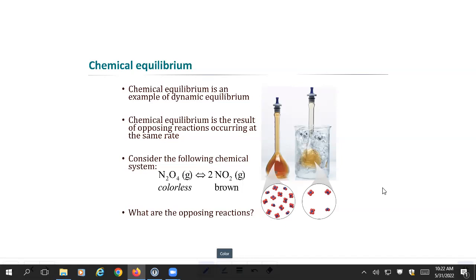For example, I've got this reaction between dinitrogen tetroxide, which is a colorless gas, and nitrogen dioxide, which is a brown gas. There are two reactions happening at the same time. One of these is what we would have called the chemical reaction up until about 5 minutes ago: the dinitrogen tetroxide decomposing into nitrogen dioxide.